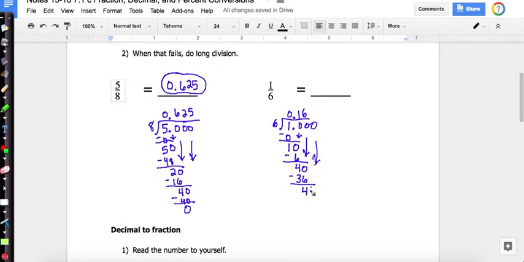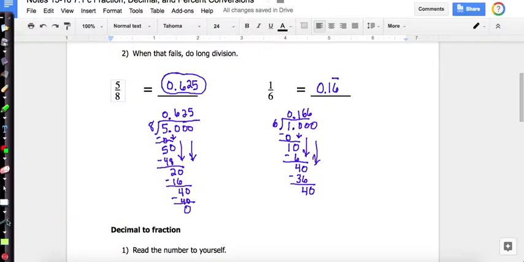Bring down a 0. 6 goes into 40, 6 times. Notice the 6 is going to start repeating over and over again, so I'm going to stop there. And I'm going to write 0.16. Since the 6 is repeating, I only need to write it one time and just put the bar over the 6.